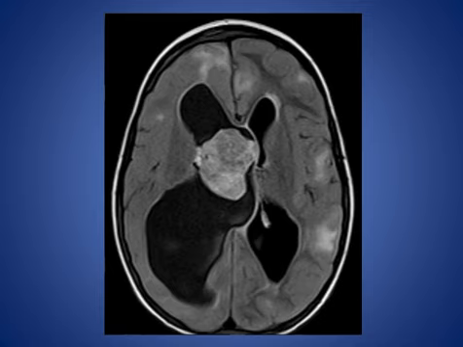As we see here in these axial FLAIR images, there is a large enhancing tumor mass in the region of the foramen of Monro, causing obstructive hydrocephalus in a patient with tuberous sclerosis.